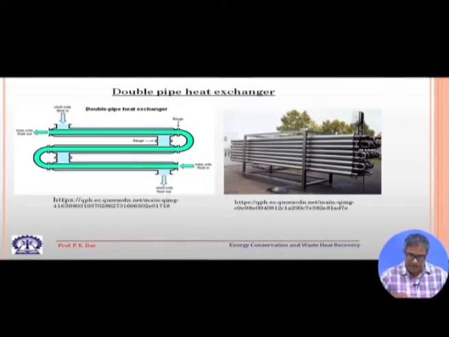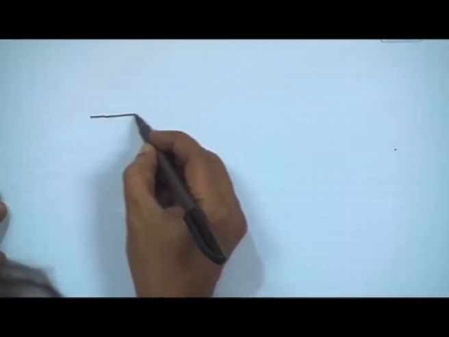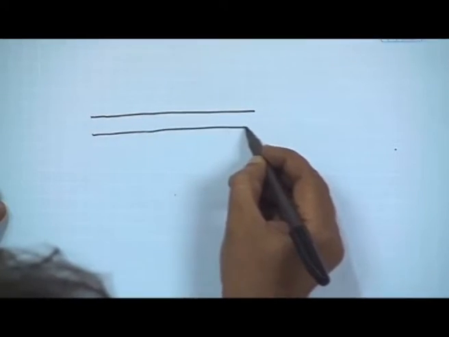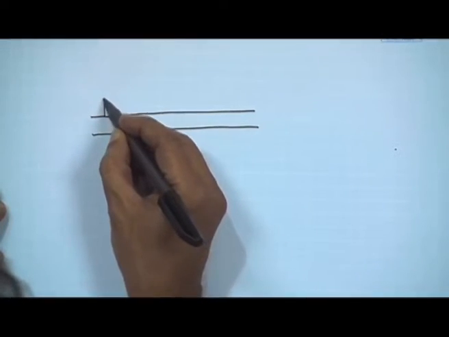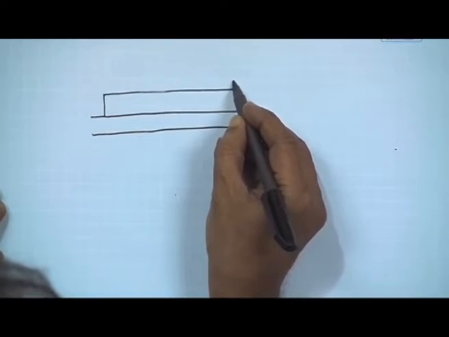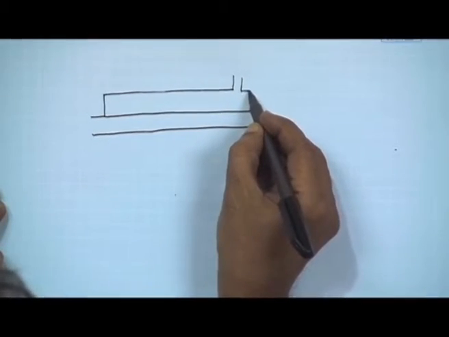The basic heat exchanger arrangement could be something like this. Let us say we have a tube, and this tube is concentrically placed within another tube which is larger in diameter.